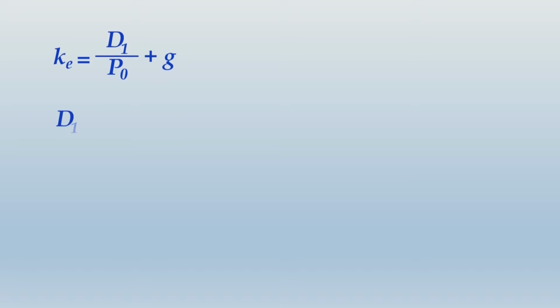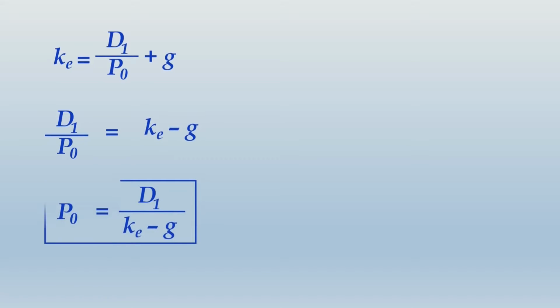In other words, the value of D1 by P0 would be Ke minus G. Now if I want to find the value of P0, I would just cross multiply so that P0 equals D1 upon (Ke minus G). Even this formula has been derived through this connection itself, which is again going to be something very, very important. And don't forget, P0 is the formula for the share price.